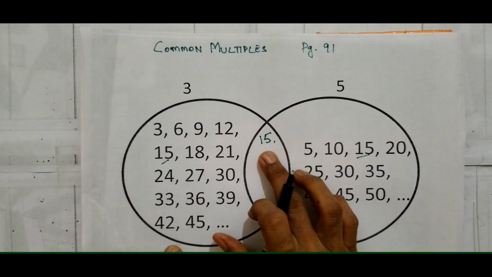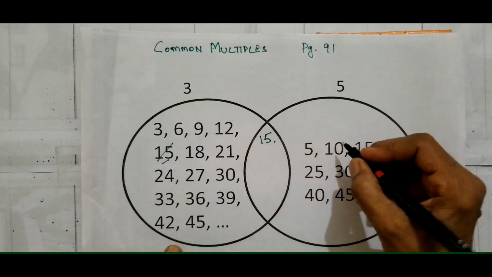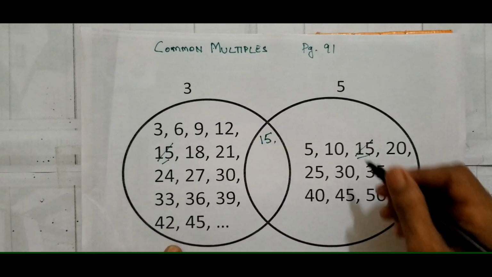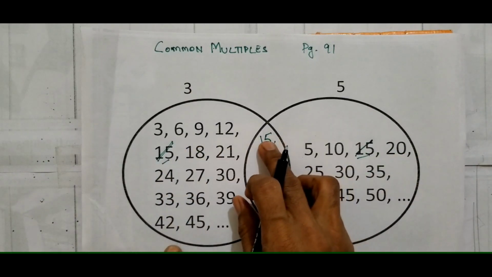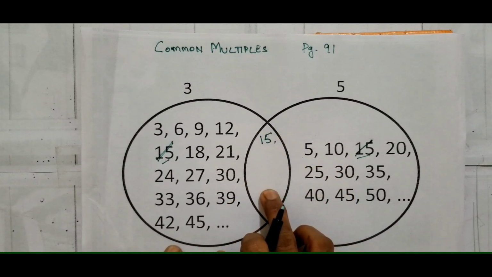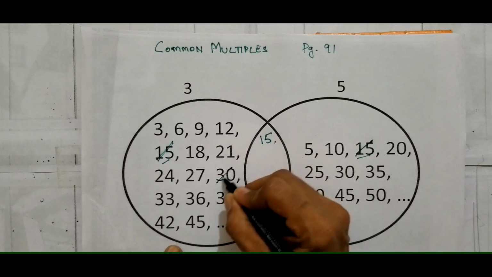Now once we write the common multiple in the intersection portion, we will cut off 15 from both the sides. A number is written only once, so we will be writing it in the middle portion. The next common multiple is 30.